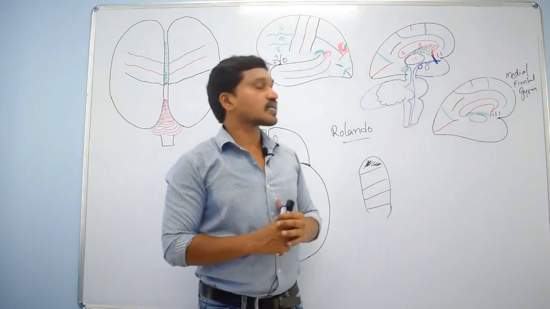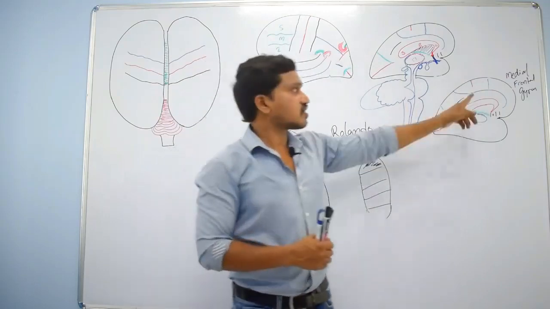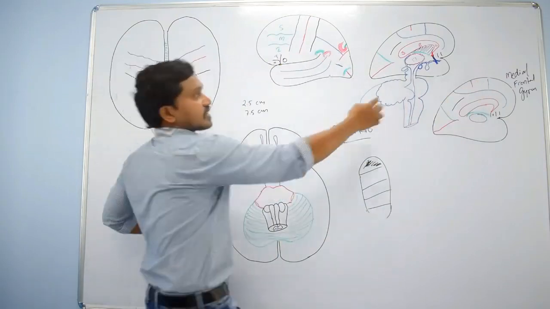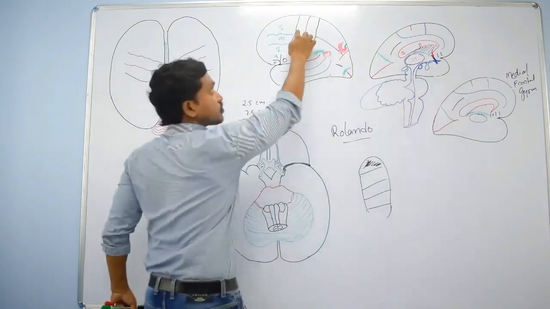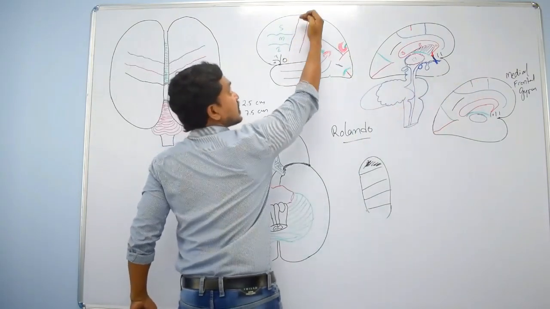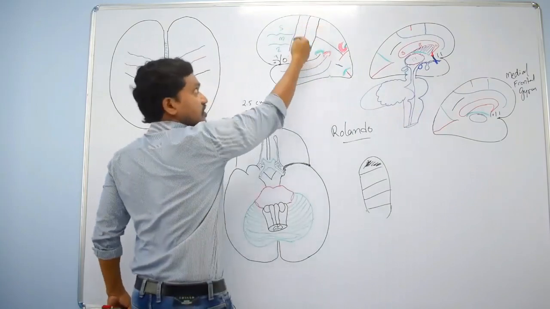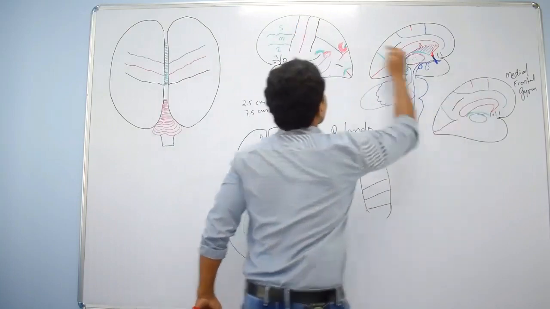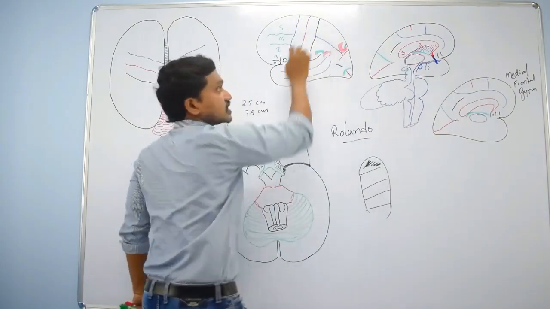This paracentral lobule is very important. Actually, this central sulcus, in the superior lateral part, is extending to the medial side. So this motor part is here, and behind this the sensory part is there.